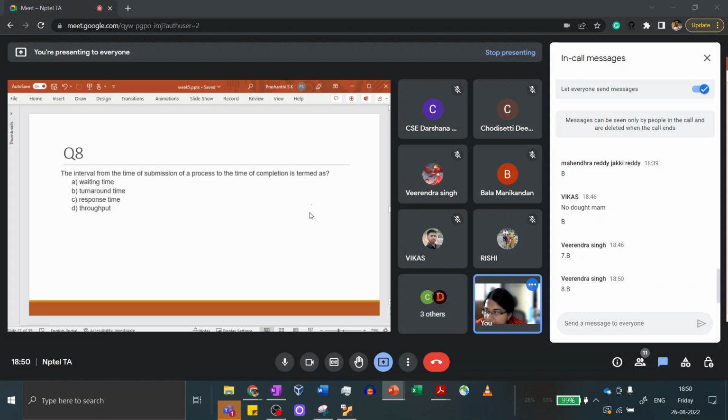Anyone else? D, throughput. Okay. Anyone else? B. Great.